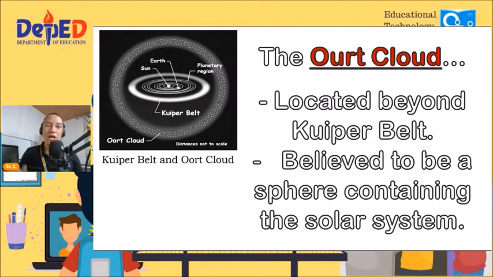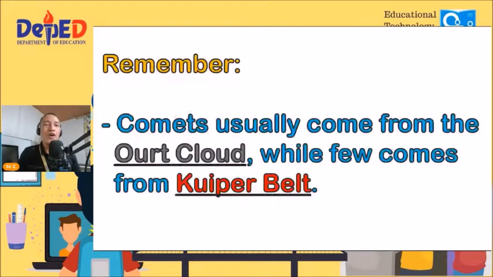Bakit ba natin pinag-uusapan to? Kasi, sabi sa module natin, remember, comets usually come from the Oort cloud while few come from the Kuiper belt. Bakit ko nasabi ito? Kasi nung bata ako, I was wondering, there is a comet na dumadaan sa sky. Saan nanggaling yun?